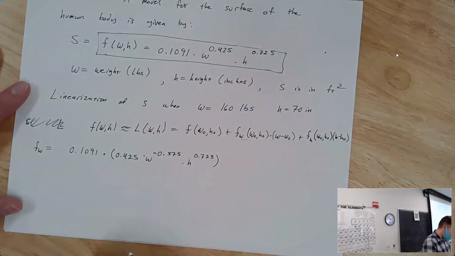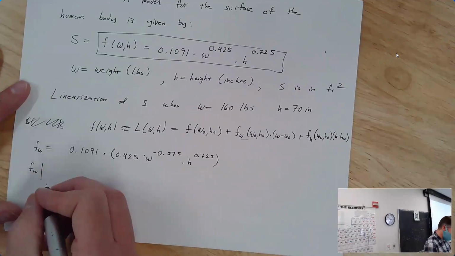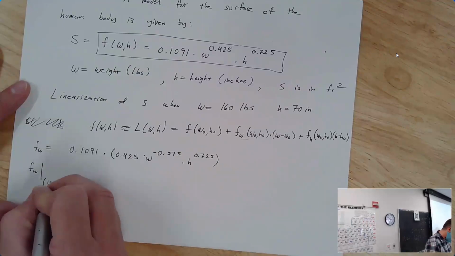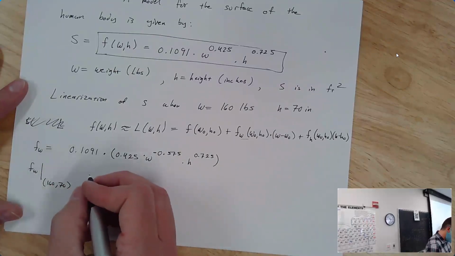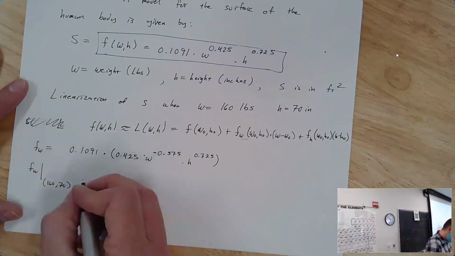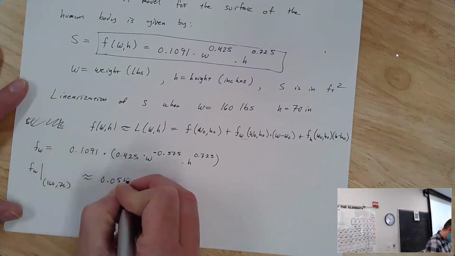And when I plug in the point, 160 comma 70, I get approximately 0.0546.